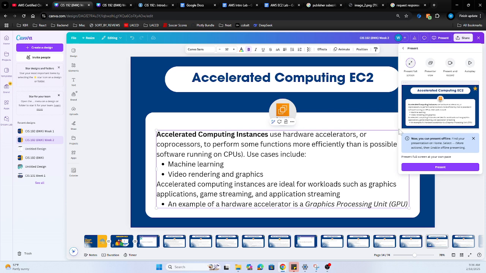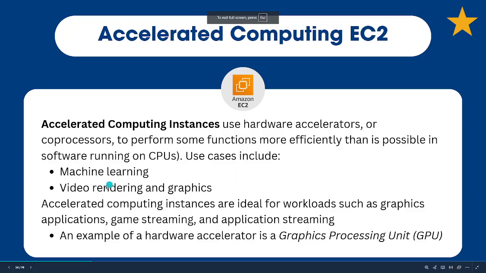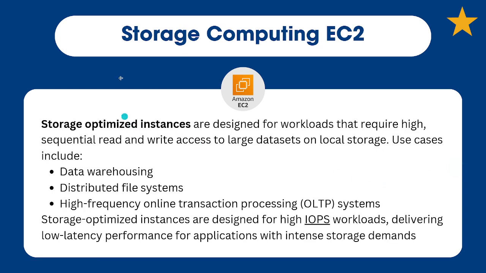So where would you use this? You'd probably use this in machine learning, video rendering, and graphics. Accelerated computing instances are ideal for workloads such as graphics applications, game streaming. So that's massive amounts of data and you want speed. An example of a hardware accelerator, something that helps accelerate processing, a specialized processor, is a GPU. For those of you who are into gaming, you're familiar with your GPU.